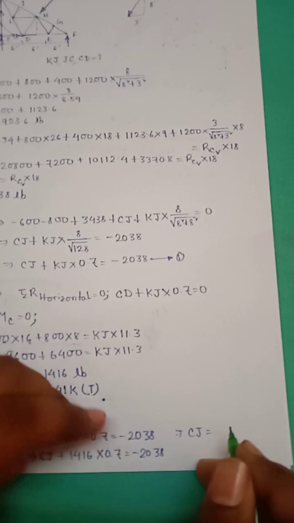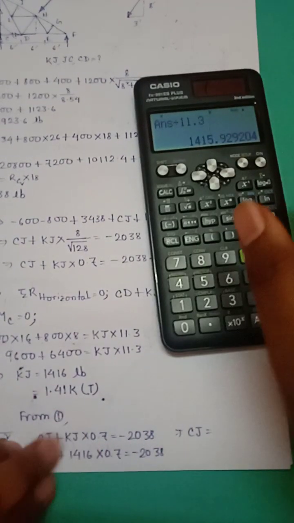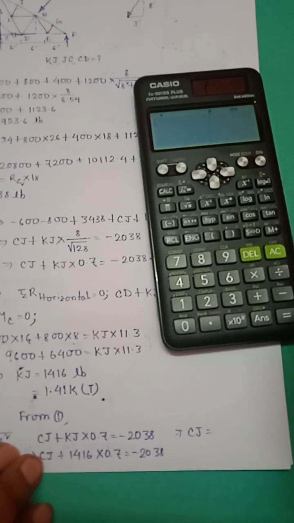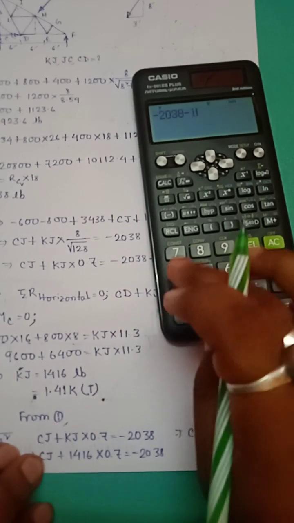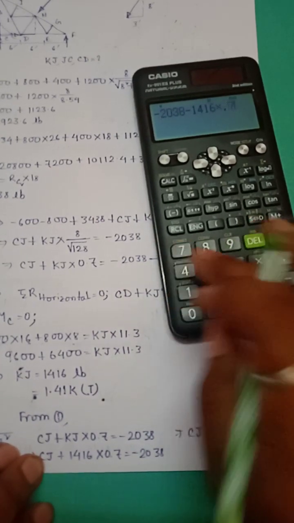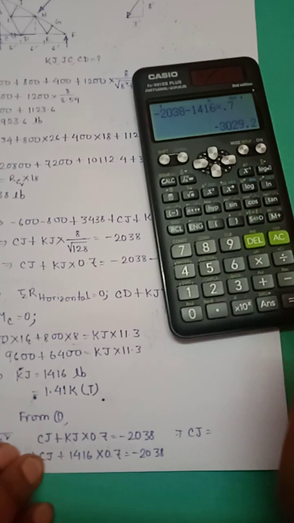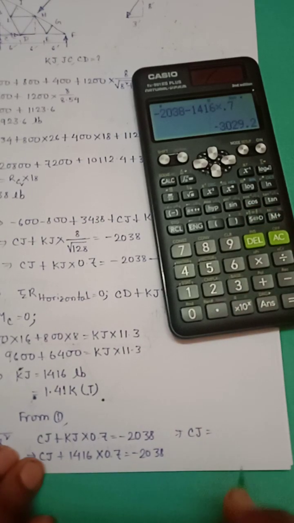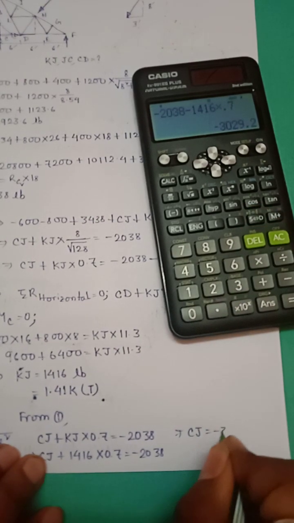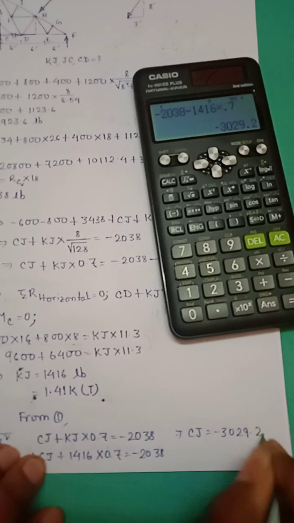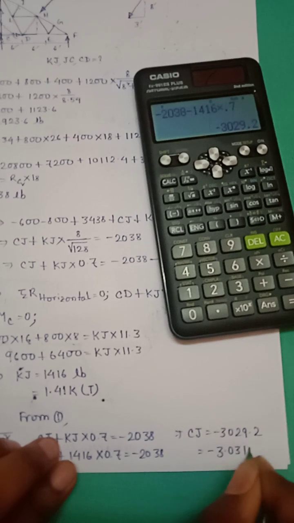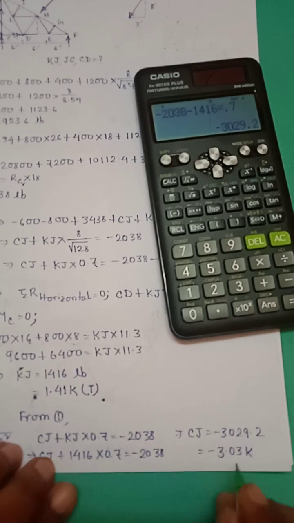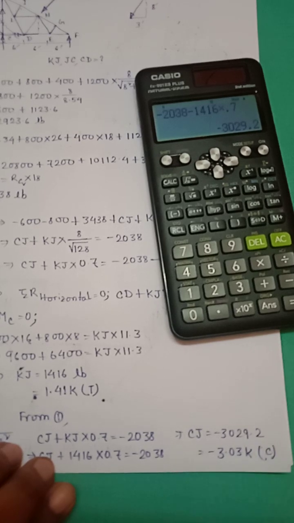CJ is equal to minus 2038 minus 1416 into 0.7, is equal to minus 3029.2, is equal to minus 3.03 K, and this is coming as negative, so this is a compressive force.